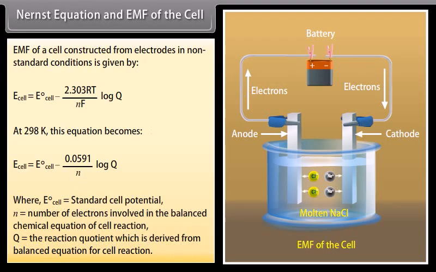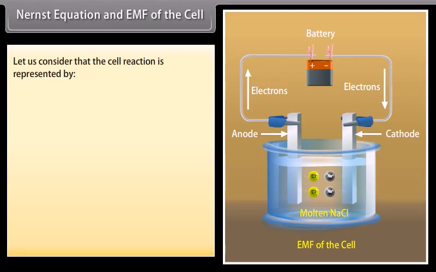Here, E°_cell is the standard cell potential, n is the number of electrons involved in the balanced chemical equation of cell reaction, Q is the reaction quotient which is derived from the balanced equation for cell reaction. Let us consider that the cell reaction is aA + bB gives cC + dD.